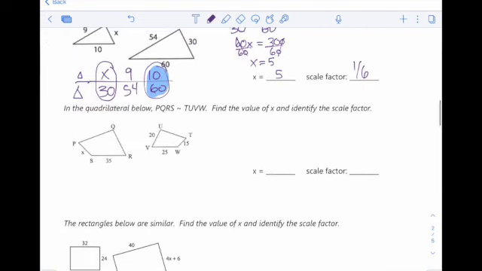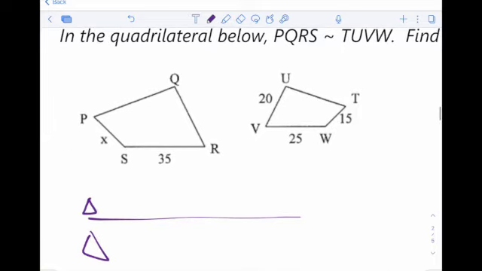All right, next example. Now it's not a triangle, but I'm going to draw it anyway. There's 3 numbers here, and I don't need all 3 of them. What I really need is whatever corresponds to these 2. If you're not sure which ones correspond, we're talking about PS.